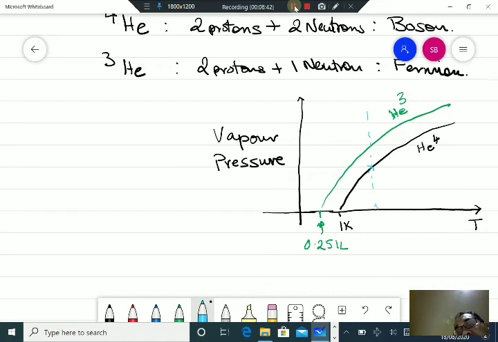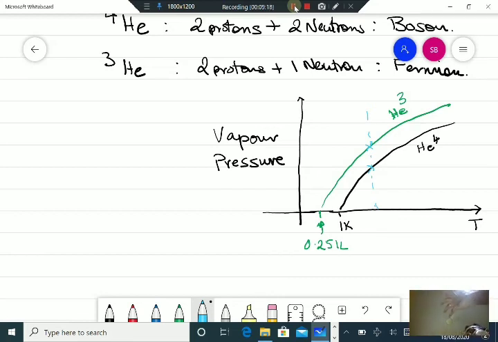If you compare the vapor pressures of helium-3 and helium-4, then helium-4 has a much lower vapor pressure as compared to helium-3, which means if you take liquid helium-3 and look at the surface, it will have many more molecules on the surface compared to helium-4, because its vapor pressure is much higher. And because its vapor pressure is much higher, you can pump over the liquid down to much lower temperatures compared to helium-4.